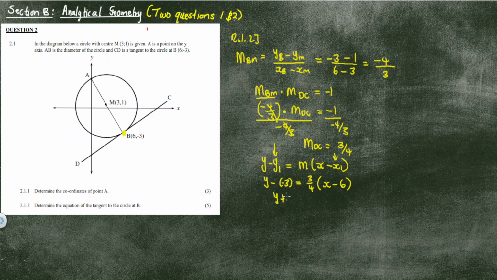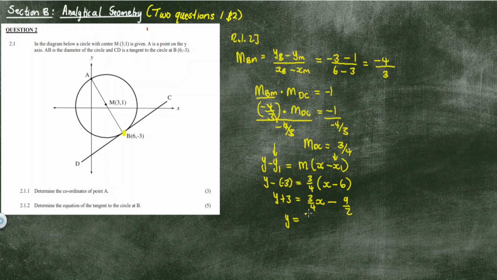Then go by y plus 3 equals 3 over 4 x minus 6. Now multiply here. So go about 3 over 4x. Then 3 over 4 multiplied by negative 6, or negative 9 over 2.